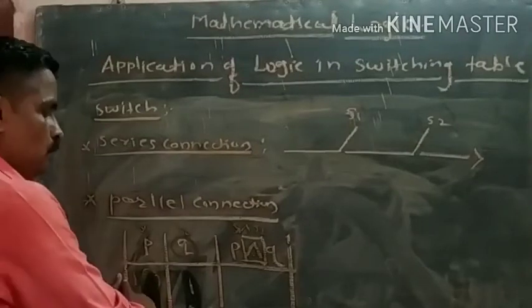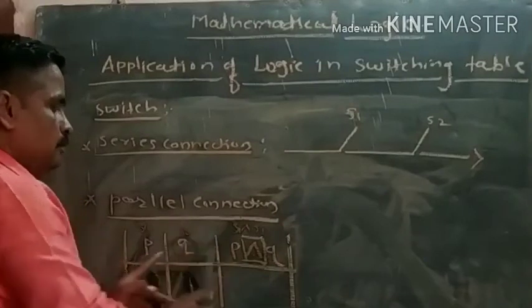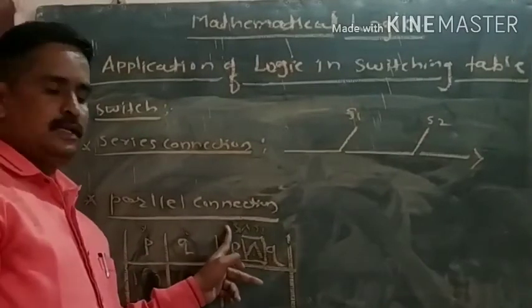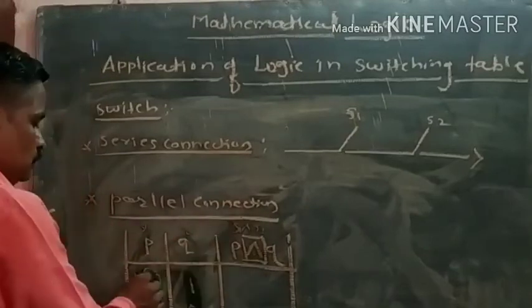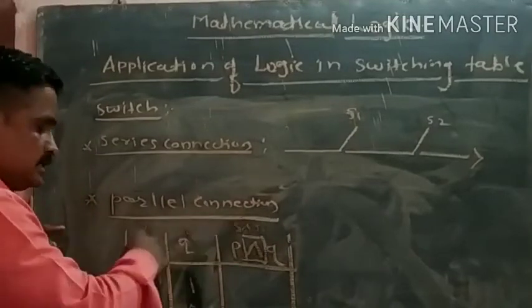So P conjunction Q, or S1 connected with S2 in series direction. What is the output of these switches?